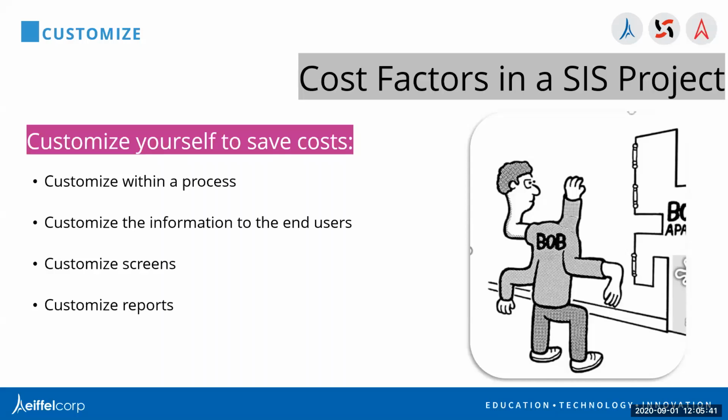Usually, a system comes with fixed templates and then you have to customize and pay for each of these small things that are different from how your process is. And that is one of the things that you immediately pick up in the Academia system, that customization is part of the standard implementation process.